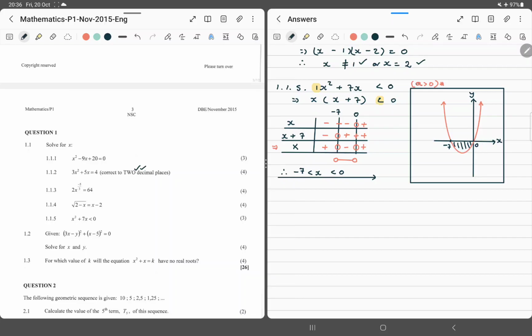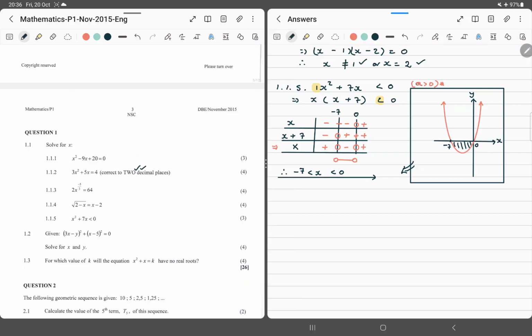We are asking ourselves, when is this graph below the x-axis, meaning when are the y values on the negative y-axis? We can see that the area between these two critical values or x-intercepts, every x value in that region gives us a negative y value. And that is essentially the same conclusion.